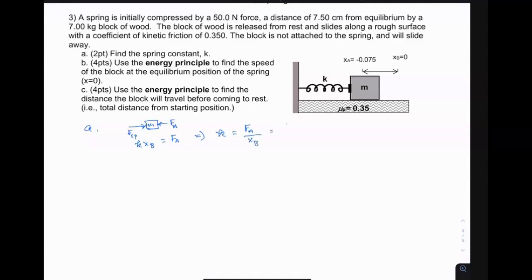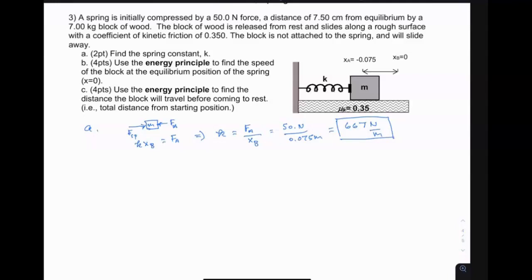We put in the numbers, 50.0 newtons divided by that compression distance, 0.075 meters, and the answer is 667 newtons per meter. So once we know the spring constant, that's what it is in any subsequent parts of this example.